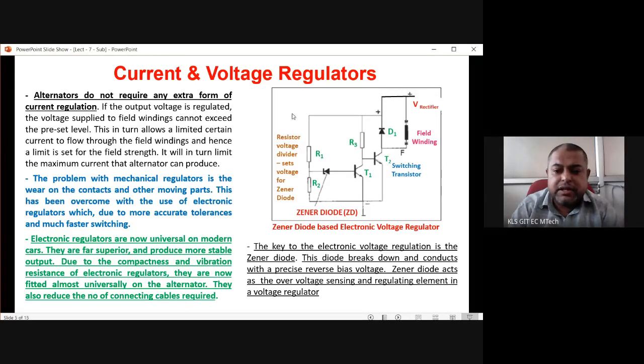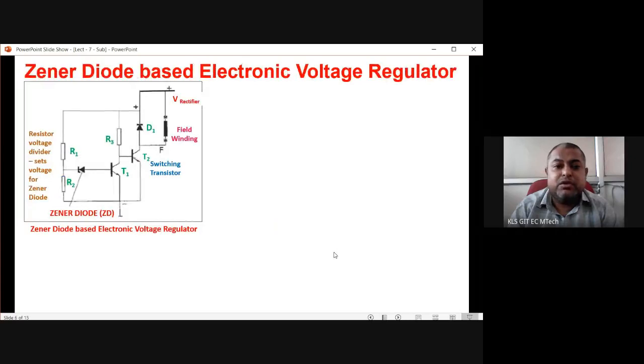So the key to electronic voltage regulation is a Zener diode. This diode breaks down and conducts with a precise reverse bias voltage. That voltage is nothing but V rectifier into R2 divided by R1 plus R2. So the Zener diode acts as an over voltage sensing and regulating element in a voltage regulator.